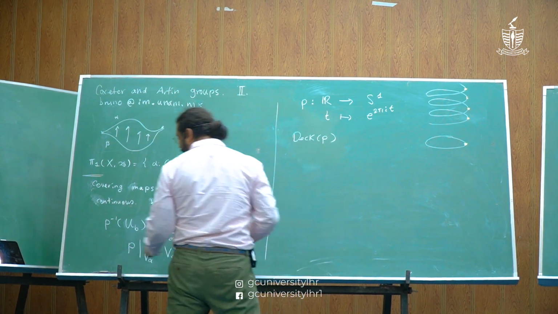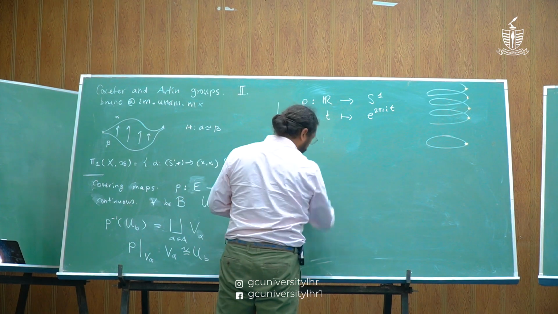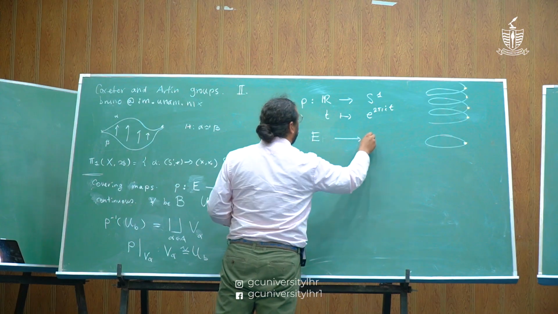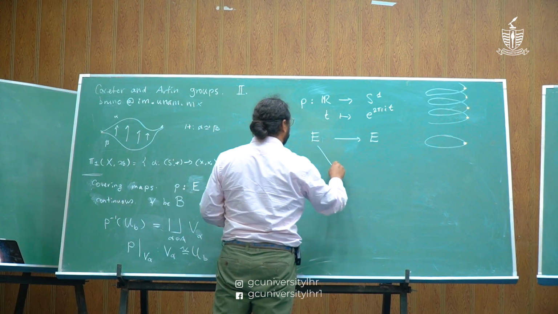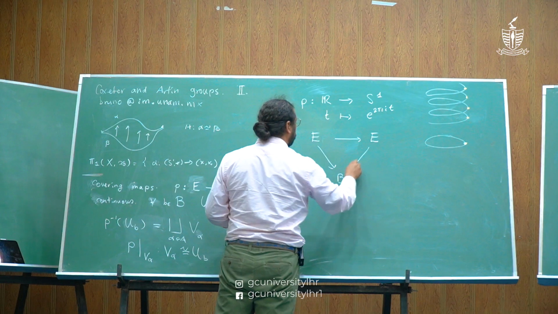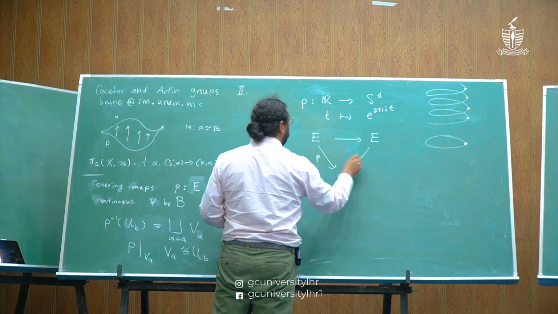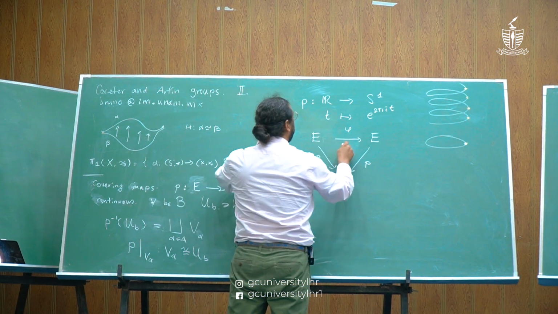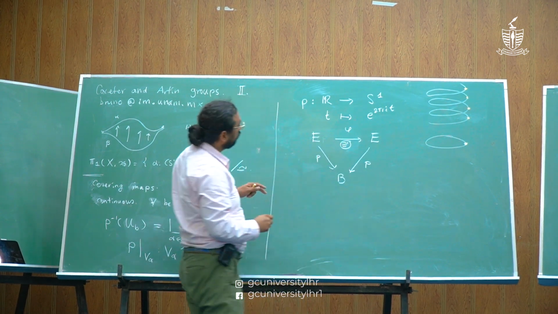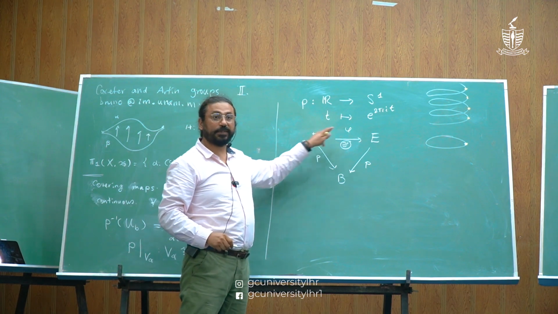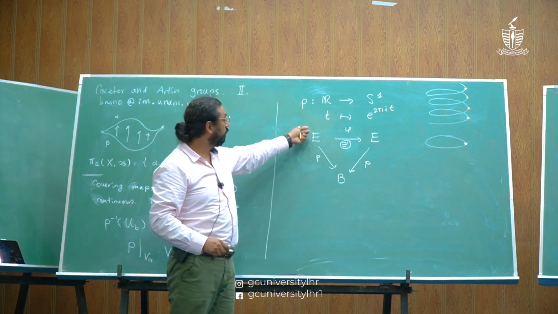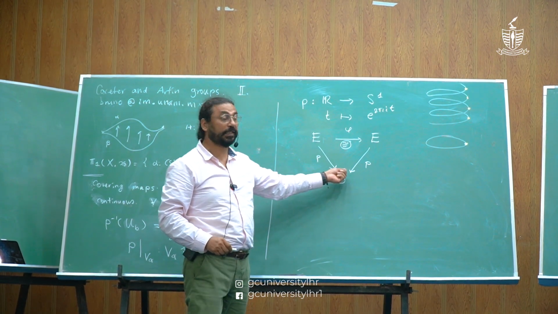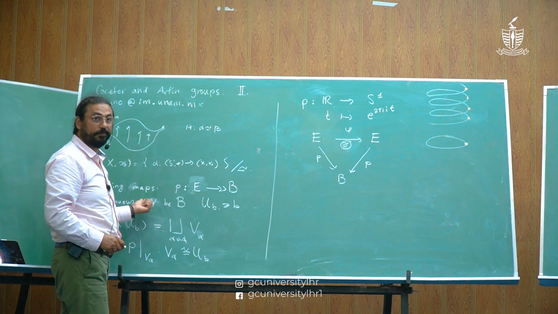So I will say what is a deck transformation first. So you have E, you have the base, and then you can consider a homeomorphism here from the total space to the total space, but that it preserves the projection, that it preserves the covering map.